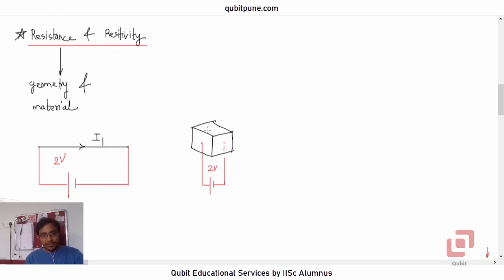Let's call it I2. So I1 will not be equal to I2. A proof that resistance depends on geometry and material. It's a thought experiment, but you can actually do it in a laboratory.